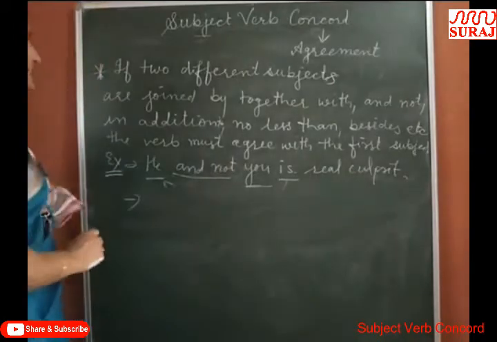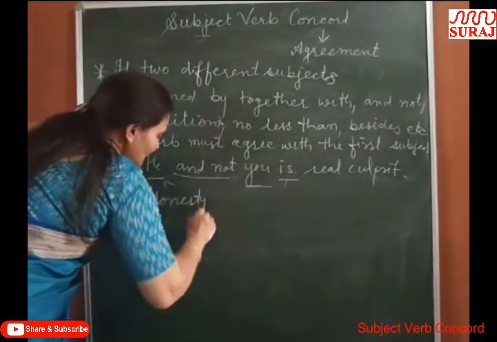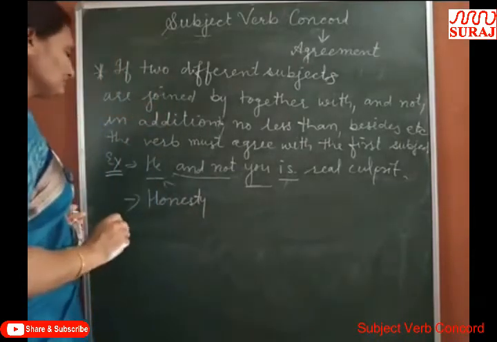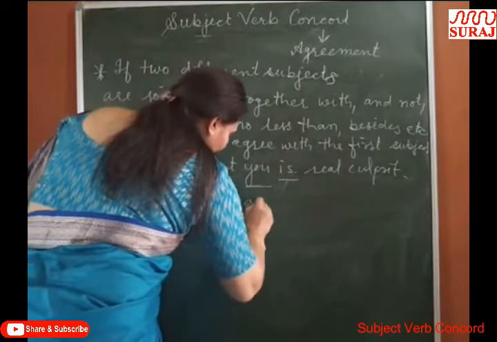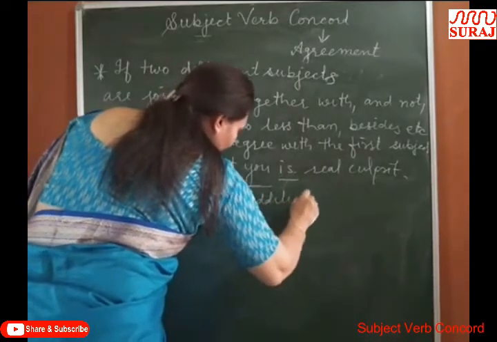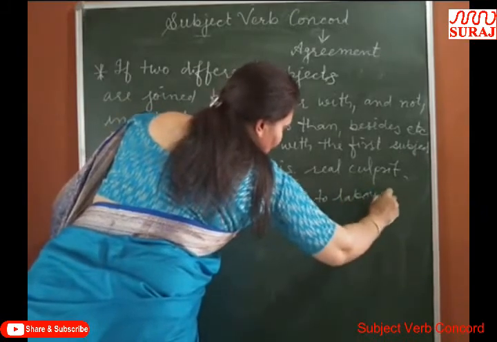Here there are two subjects, two different persons. He is third person and you is second person, but the verb is in singular form due to the first subject. The first subject is in singular form. That's why I have written here singular.